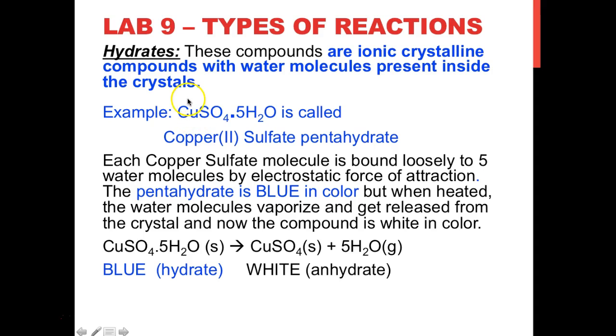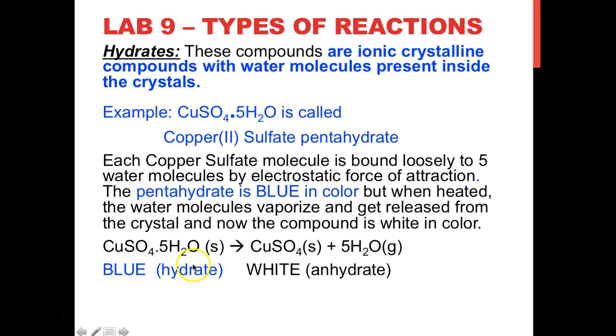So each molecule of copper 2 sulfate has 5 molecules of water attached to it. These are physical bonds. However, these are loosely attached. So when you heat up that hydrate, those bonds will be broken and the water will then vaporize and come out as water vapor, and eventually it will condense into liquid water.